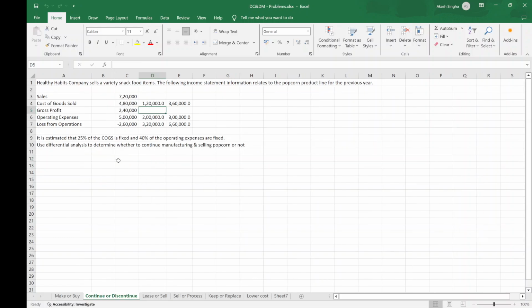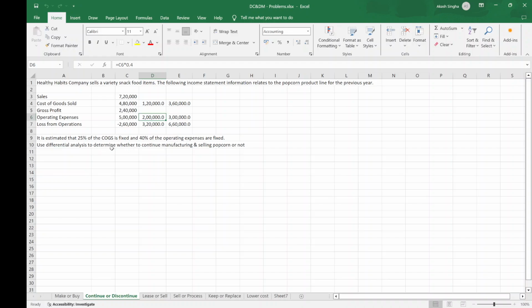Continue or discontinue. The company has some kind of smartphone items and sales, hostel goods. Gross profit is 340, operating expenses 5 lakh. It is estimated that 25% of the cost is fixed, which means 120, and 40% of the operating expenses are fixed, which is 2 lakh.